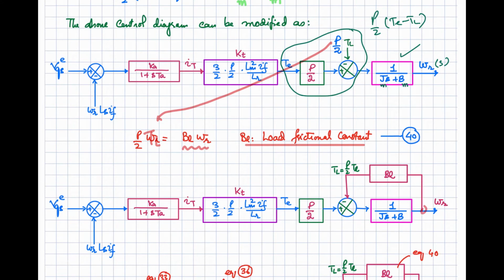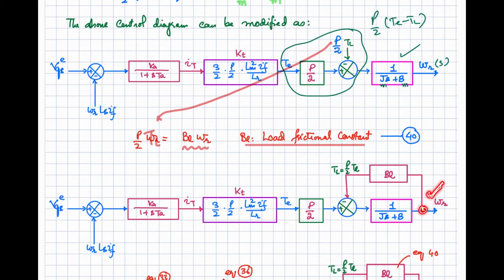Here you can see that we are going to take this omega R, and through the feedback, which is multiplied with BL, this will give you this torque P by 2 into TL. So we are incorporating the load torque like that. It is dependent on the speed of your motor.